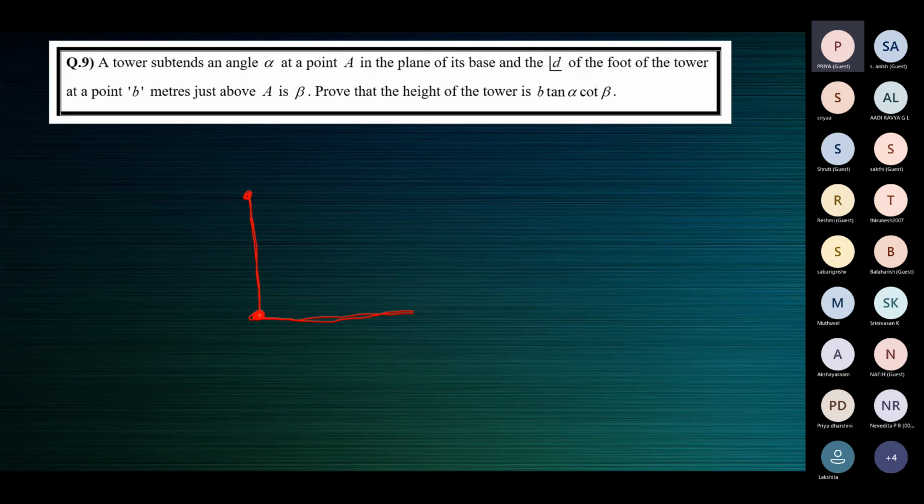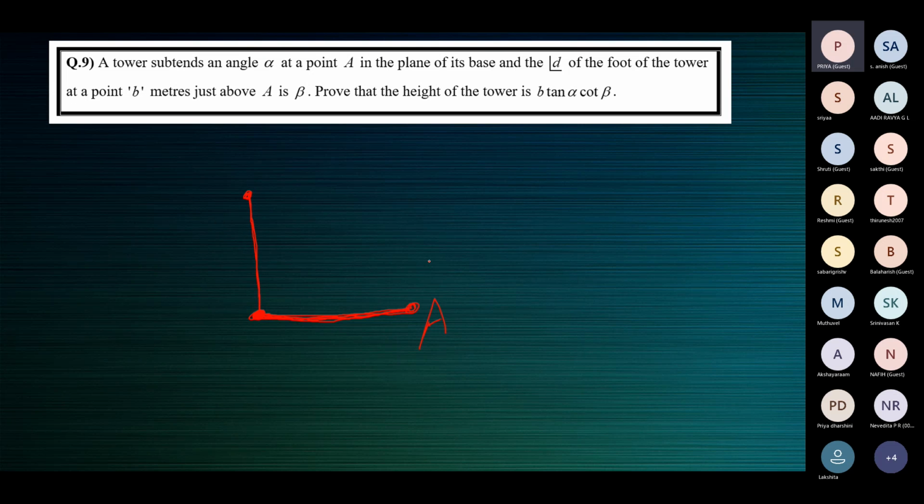Plane meaning a flat surface. Now, let's say this point is A. At this point A, the tower subtends an angle alpha.